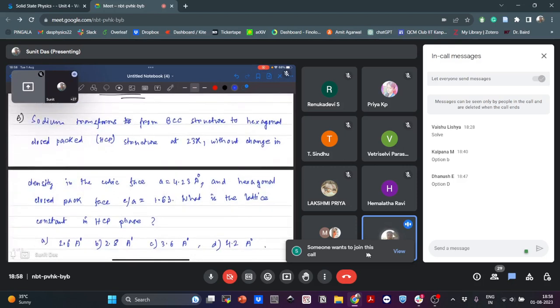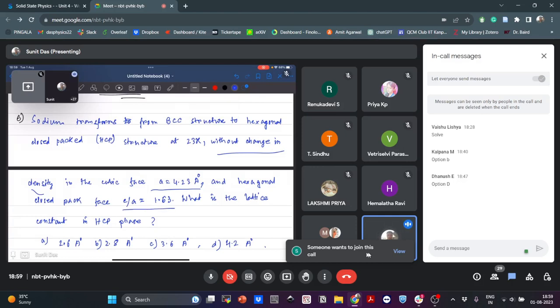So the question is: sodium transforms from body-centered cubic structure to hexagonal close-packed structure, HCP basically, at 23 Kelvin. But the important point is, without change in density. It is given that in the cubic phase, the unit cell dimension is 4.23 angstrom, and in the hexagonal close-packed phase, the c by a ratio is 1.63.